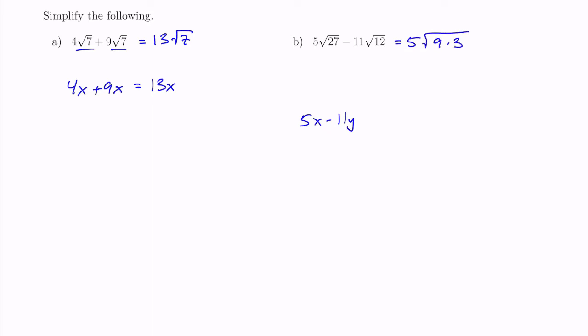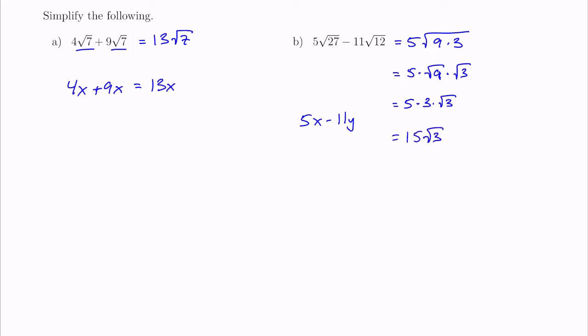And using our multiplication property, we can separate out the square root of 9 from the square root of 3. And this would give us 5 times the square root of 9 times the square root of 3. Again, the reason for doing this is that the square root of 9 will simplify to 3. So this becomes 5 times 3 times the square root of 3. And 5 times 3 times the square root of 3 becomes 15 root 3.